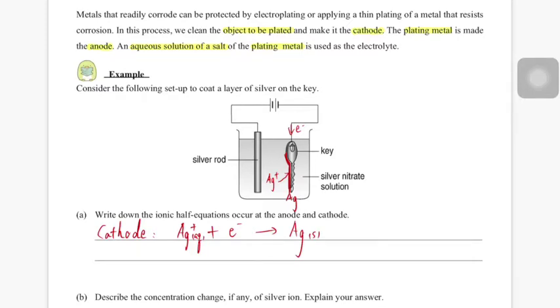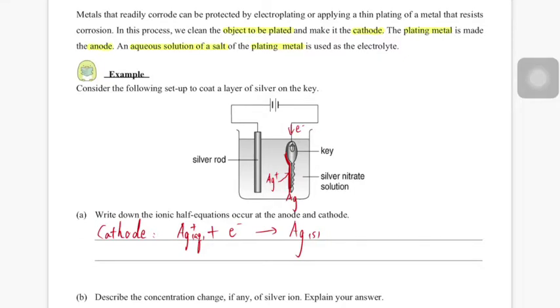We are constantly removing silver ions from the electrolyte. To keep this process continuing, we need to replace those silver ions in the electrolyte.